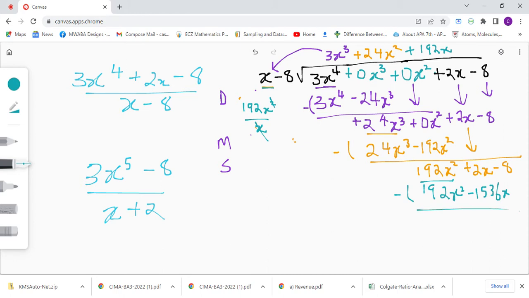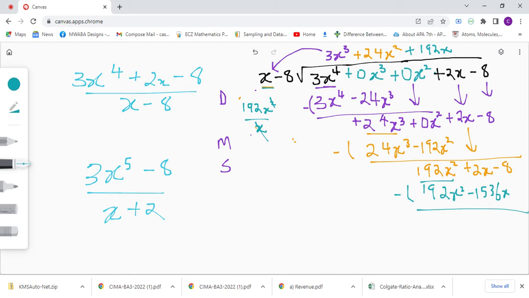The final step, subtract. 192x squared minus 192x squared, 0. 2x minus negative 1536x: this negative and negative becomes positive, so it's 2x plus 1536x.